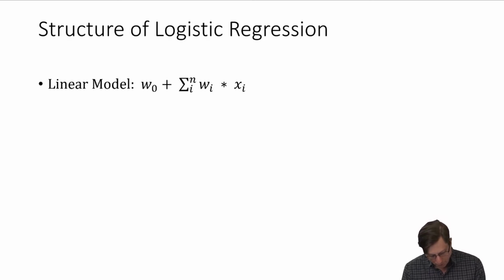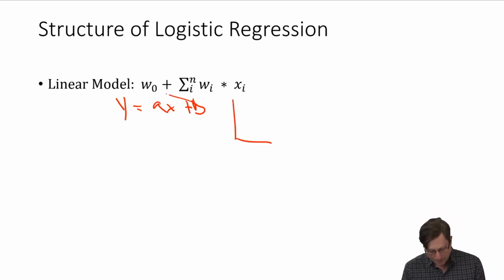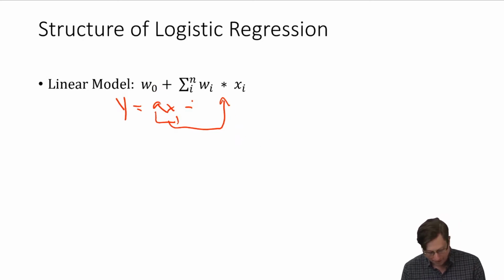If you remember from when you were a kid, you'd have, at least with y equals ax plus b, that was the form of a line in a plane. So that function is a great way to specify a line. And b is equivalent to weight 0 here, and ax is equivalent to that part over there. So really, this is just a slightly fancy version of a formula for defining a line or a plane, a linear separator.